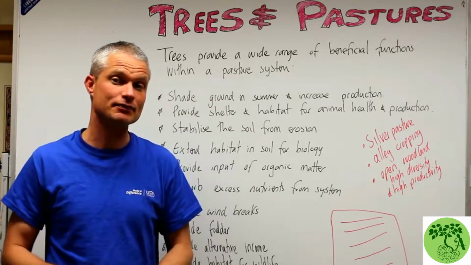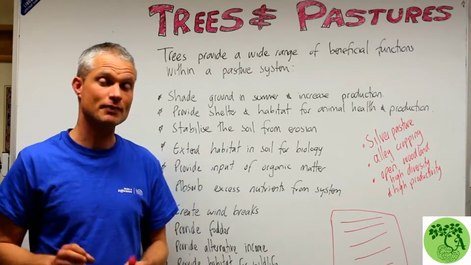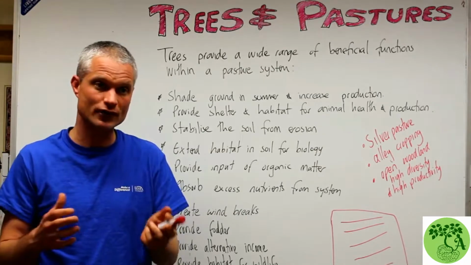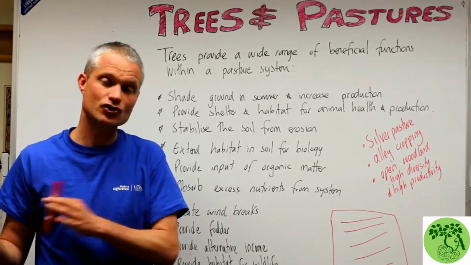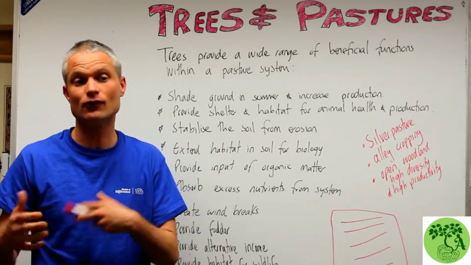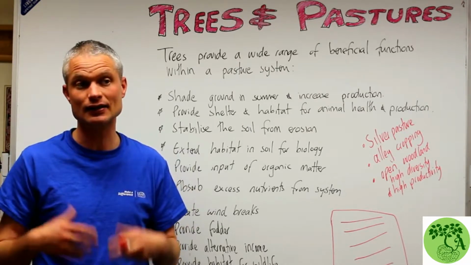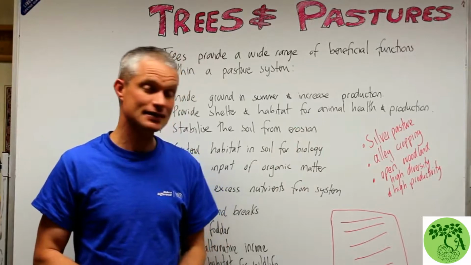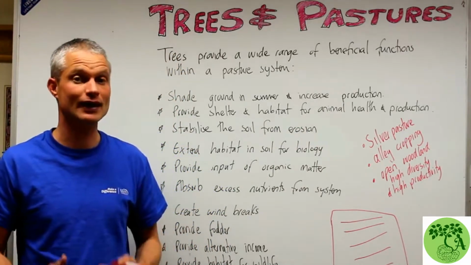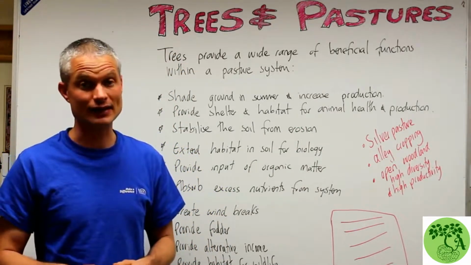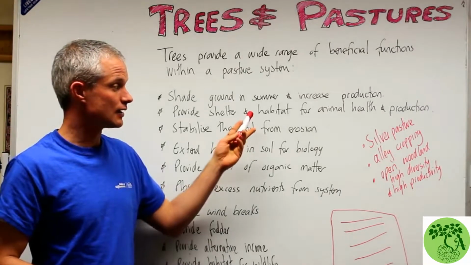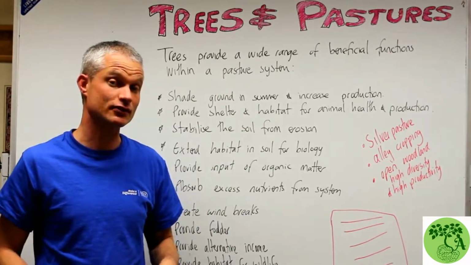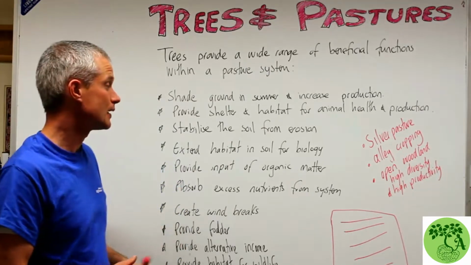Normally, grazers and browsers would seek shelter amongst clusters of trees when there's cold winds or wind-driving rains, or even hot conditions that are stressing the animals. And the provision of that habitat and that shade will actually improve the health and the productivity of the animals. So that's not only increasing the health of the system, it's increasing the productivity of the system.